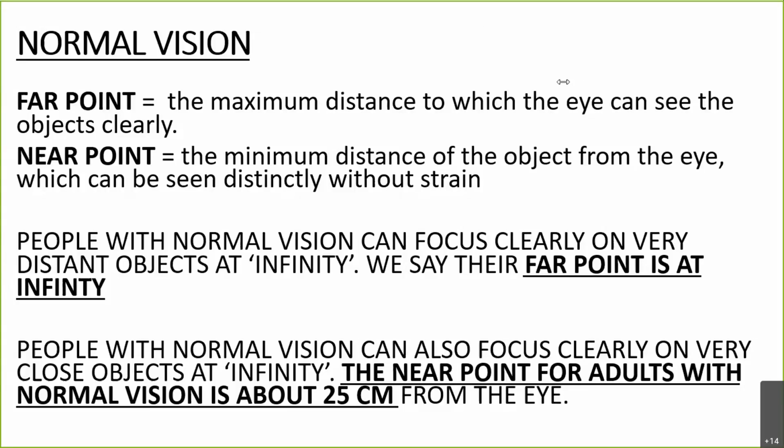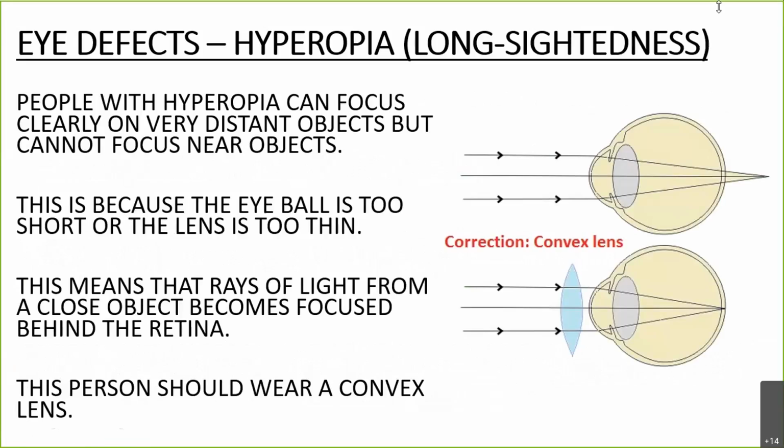All right. So normal people can see an object that's about 25 centimeters from the eye. So the near point for adults with normal vision is about 25 centimeters. For teenagers, it's a little less, maybe about 20. Now, a lot of people don't have normal vision, especially as you get a little older.